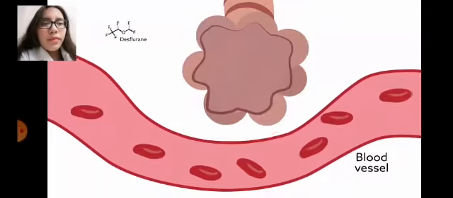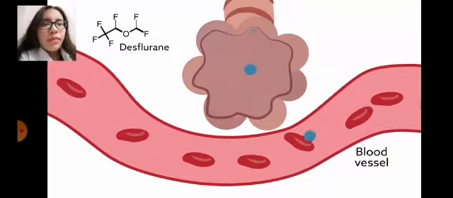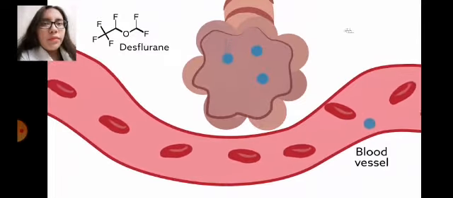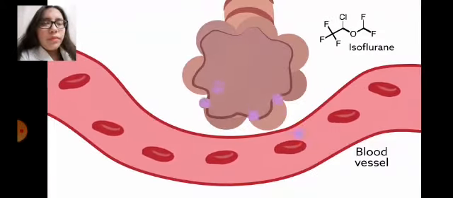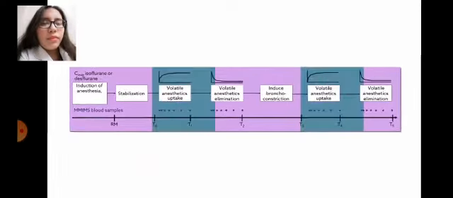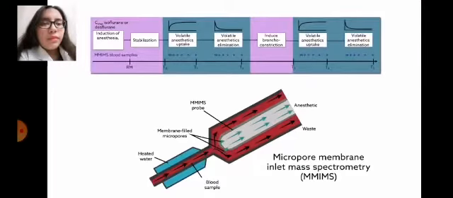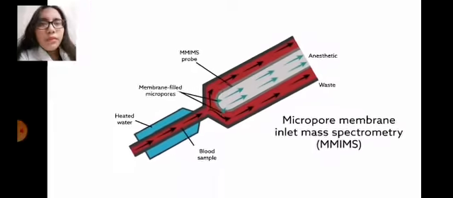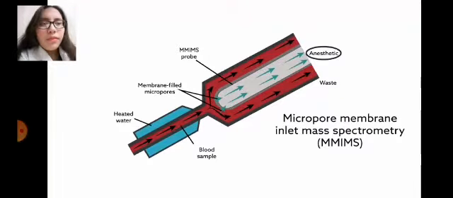The team tested desflurane, a volatile anesthetic with very low solubility, and isoflurane, which is more soluble. They measured the uptake and elimination of each drug before and during bronchoconstriction using micropore membrane inlet mass spectrometry. In this technique, the amount of anesthetic can be evaluated accurately and quickly with mass spectrometry using a small blood sample.